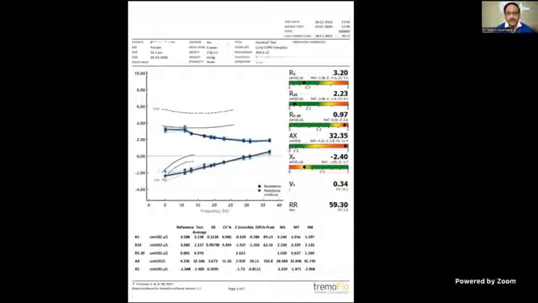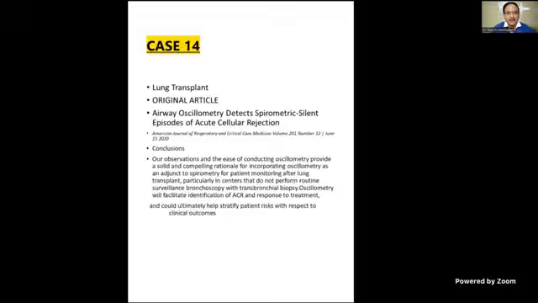We employ X5 values in inspiration and expiration, and when you have a restrictive pattern and you see that X5 inspiratory is more than X5 expiratory, then this may be a case of interstitial lung disease. We're also generating further data, and studies are coming, and maybe this will be established as a parameter to detect interstitial lung disease.